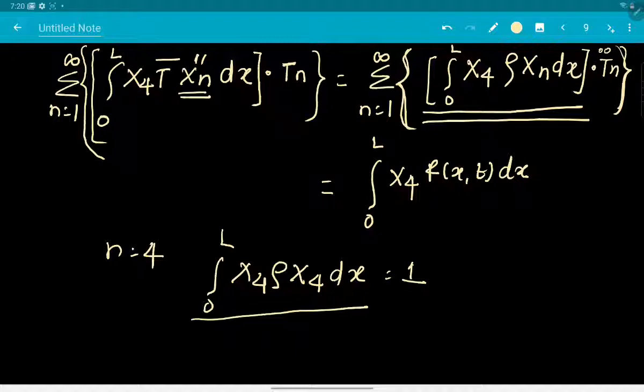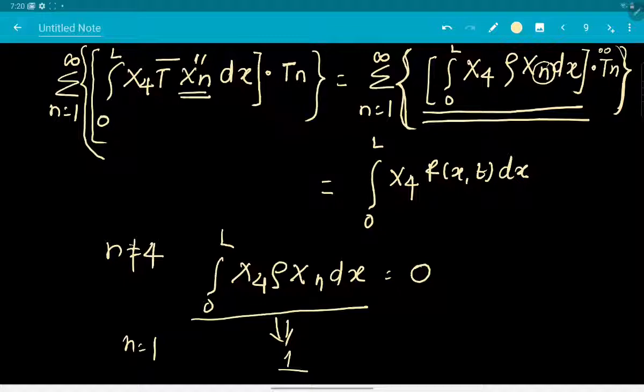And also modal orthogonality holds, which essentially means that when n is not equal to 4, this integration will go to 0. When n is equal to 4, this integration will have value equal to 1, and for any other case this integration will have value equal to 0.